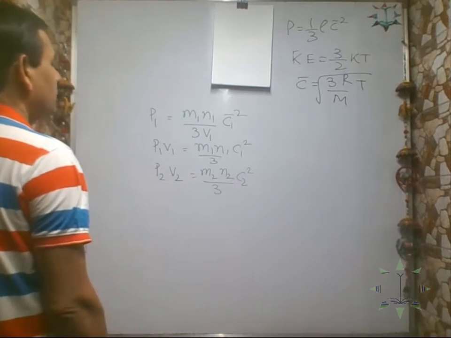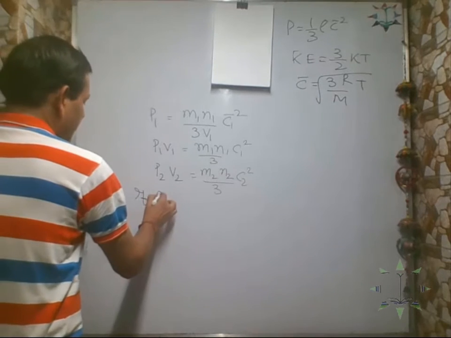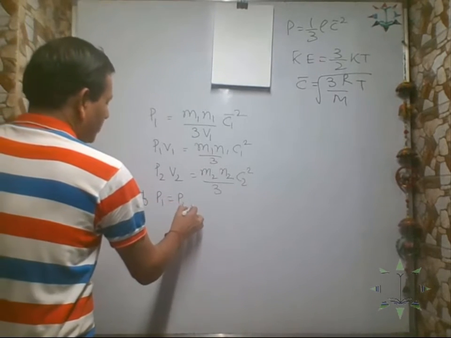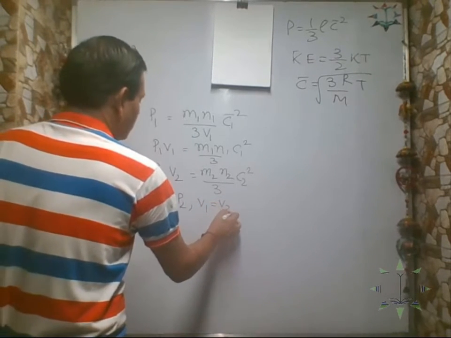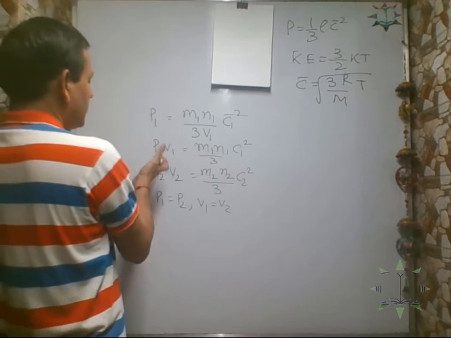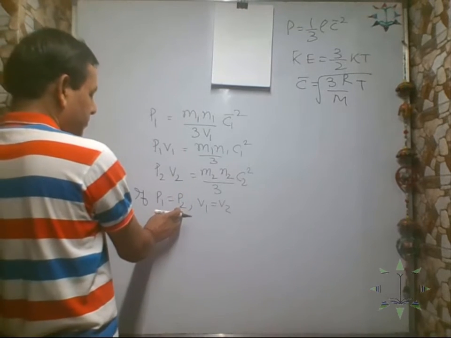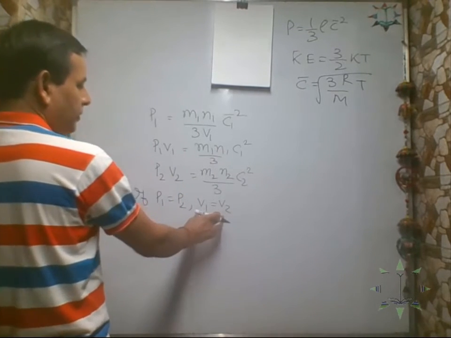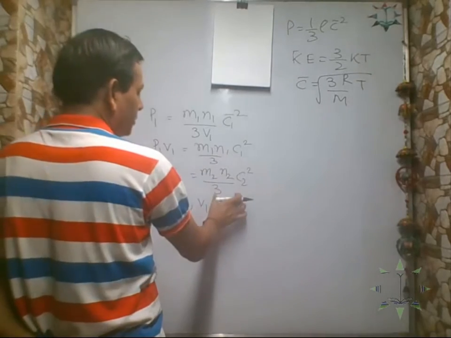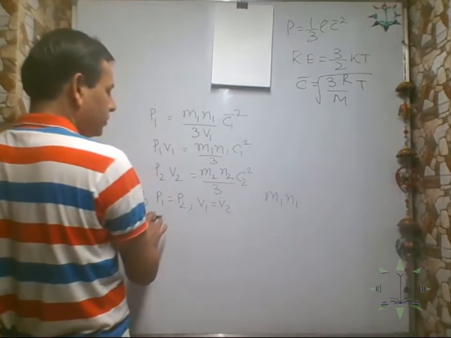Now, if P1 equals P2 and V1 equals V2, then what will happen? Because Avogadro says that at the same temperature and pressure, equal volumes of all gases. Pressure is the same, volume is the same, so P1 V1 equals P2 V2.